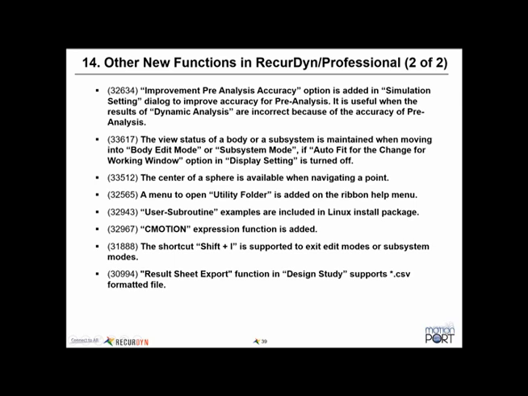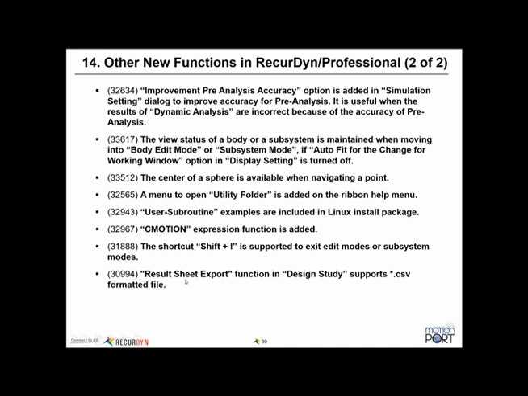There's a new C motion expression. So if you have a C motion that's driving a certain degree of freedom, you can now reference it from an expression and use that to define some other things. A shortcut, Shift plus the letter I, will exit the edit modes or subsystem modes.